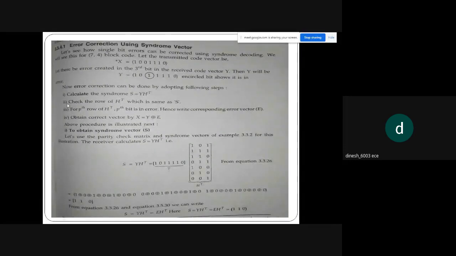Then we should check the row of H transpose which is the same as S. For that row of H transpose, we should see in which bit it is in error. Then we write the corresponding error vector, and we can obtain the correct vector by using X is equal to Y modulo 2 addition E. Don't worry, I'll explain all these 4 steps with the same example.